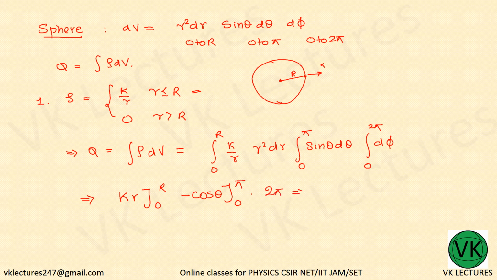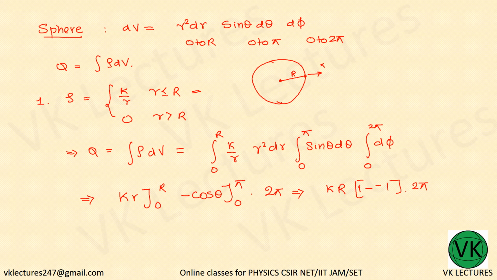So this gives us k r, and minus cos theta evaluated from 0 to pi gives 1 plus 1, that is 2, times 2 pi. Oh wait, we have made a mistake.